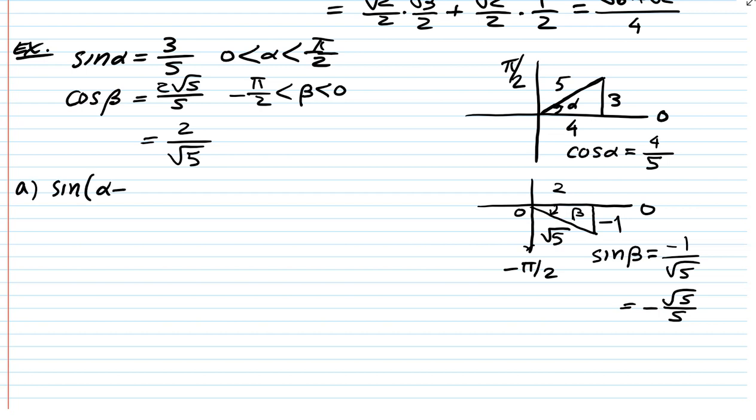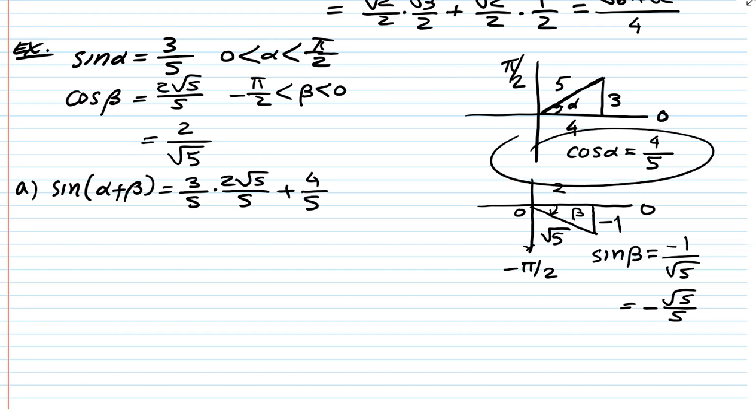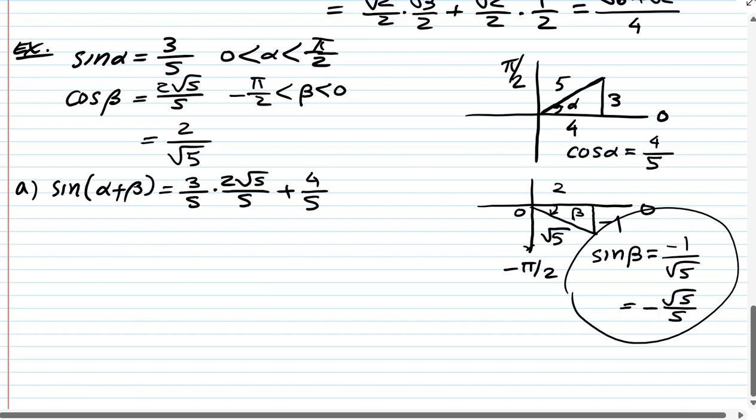Sine of alpha plus beta is going to be, we have the formulas, right? It's going to be sine, cosine. So sine of alpha, 3/5, cosine of beta, 2 root 5 over 5, plus cosine of alpha, which is 4/5 from here, times sine of beta, which is negative root 5 over 5.